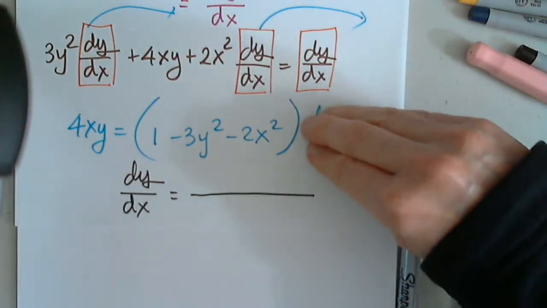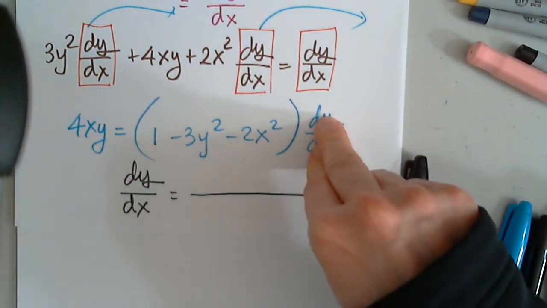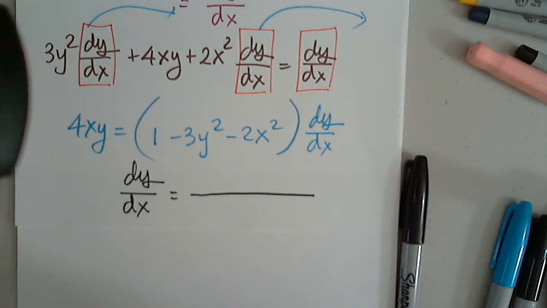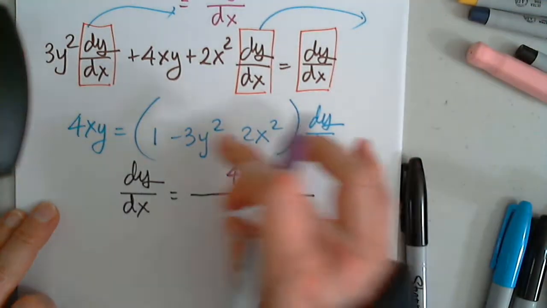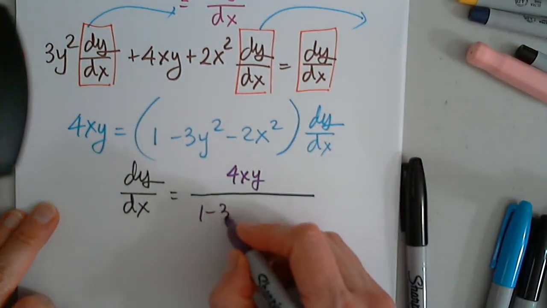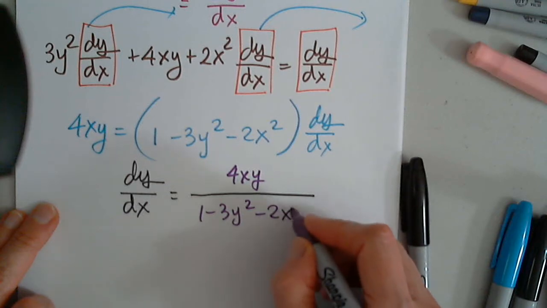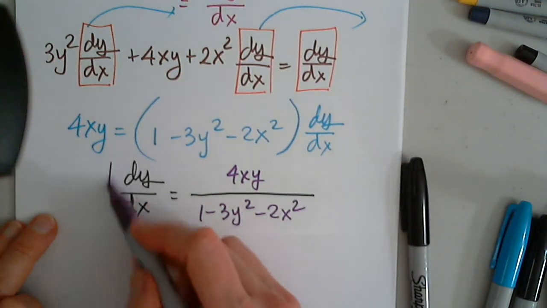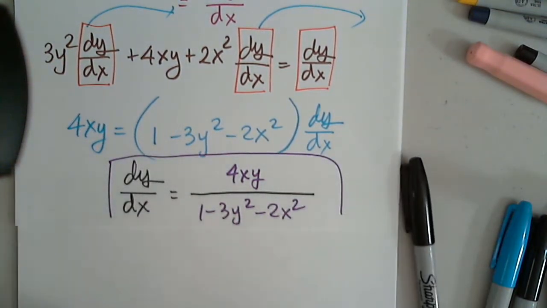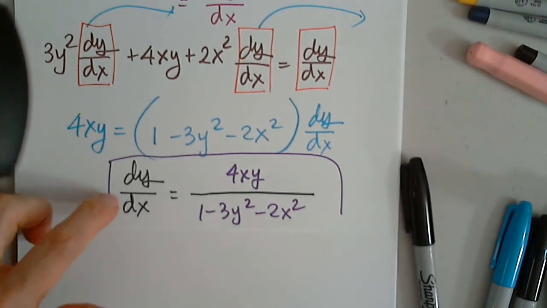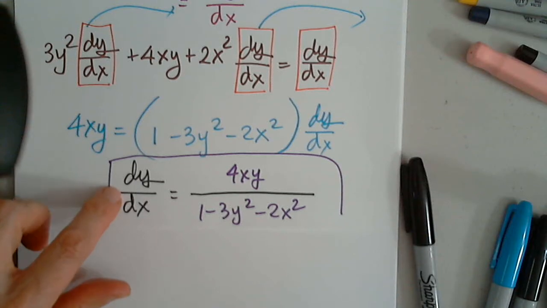So obviously, since I'm solving for dy over dx, it must be 4xy divided by all this: 1 minus 3y squared minus 2x squared. So this is an expression for a function that I don't even have. So it's an expression of its derivative.